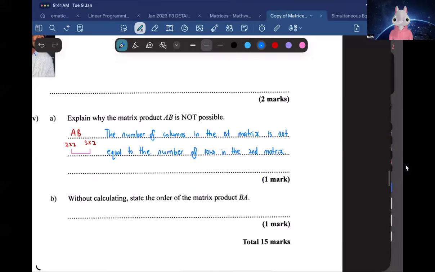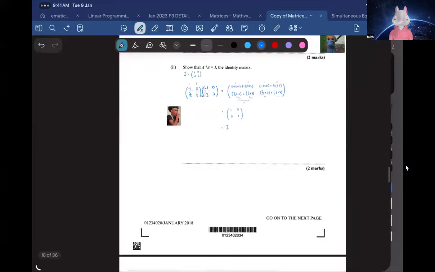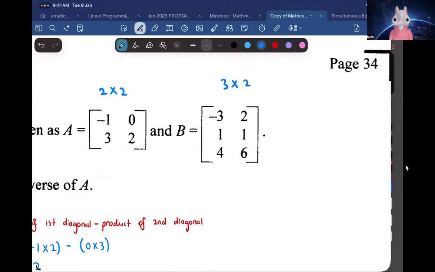Guys, without calculating, state the order of the matrix product BA. We are not going to do any calculation. Let me show you how. Matrix B is a 3 by 2, and A is a 2 by 2.